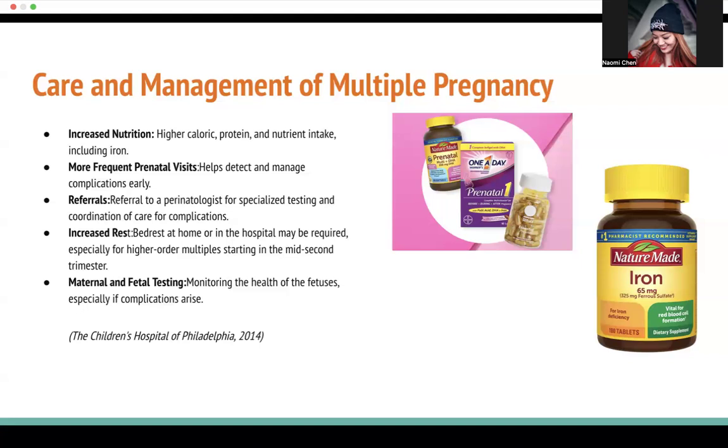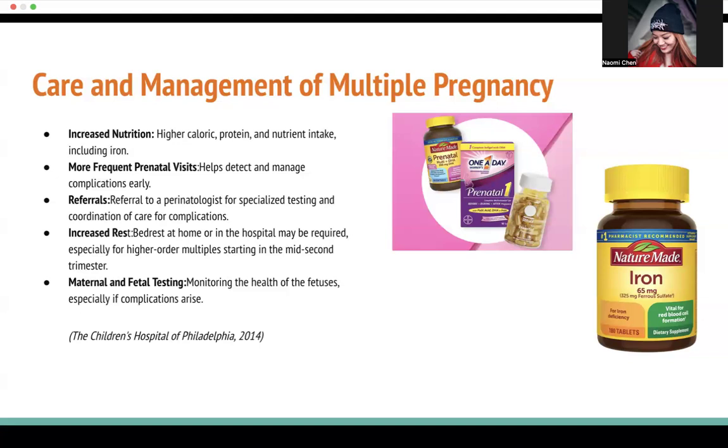Also, you want to have more frequent prenatal visits to help detect and manage complications early. Me personally, after the first trimester, in the second trimester, I saw my regular OB every 4 weeks. And in the third trimester, I saw my regular OB every 2 weeks.